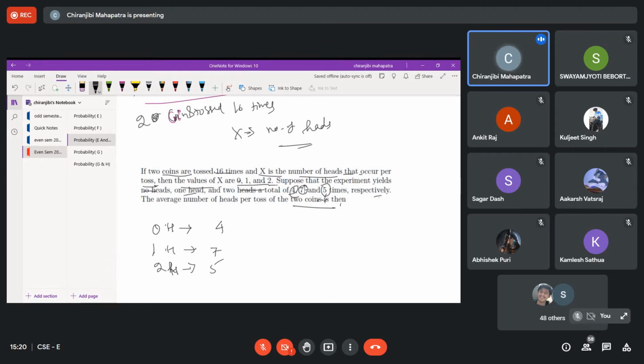So now what you have to do, you have to find out the mean of the number of heads per toss for the 2 coins. Okay, so this will be equal to, if you want to find out, then what can you do?